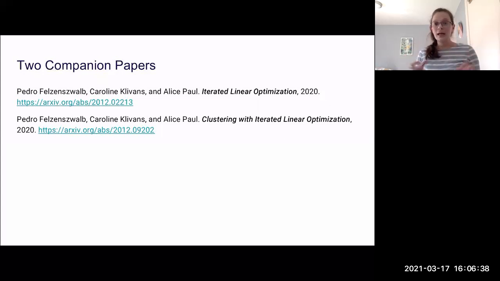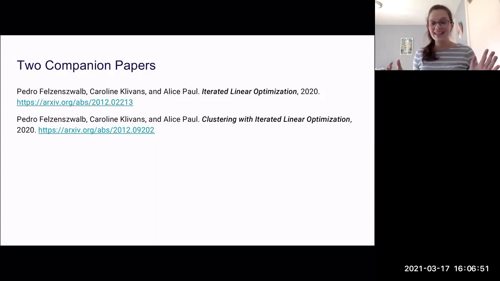There are two pieces, and I'm going to focus on the second piece today, the actual applications to clustering and semidefinite programming rounding. But if you're interested, there's a lot more beautiful math behind some of these ideas. If you're coming from a more applied math background, that first paper has a lot of really cool things with eigenvectors and curvature, etc.